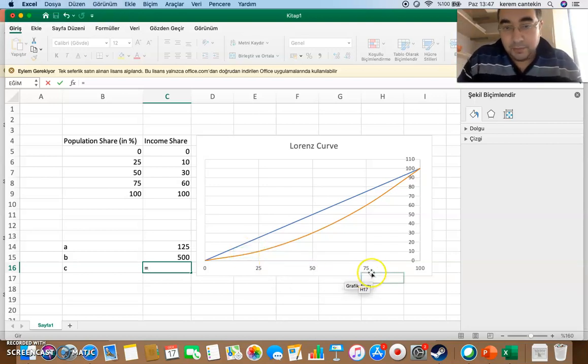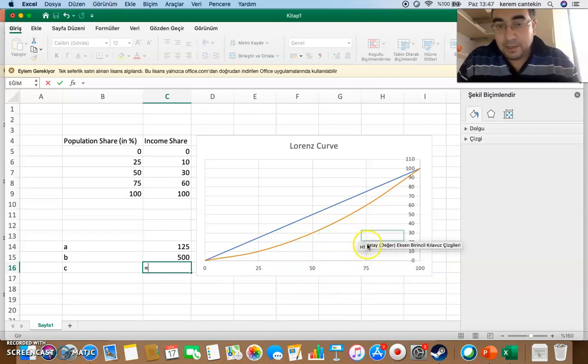So here actually for the third area, we need to calculate the rectangle. We need the share of the bottom 50% and then share of the third 25%.